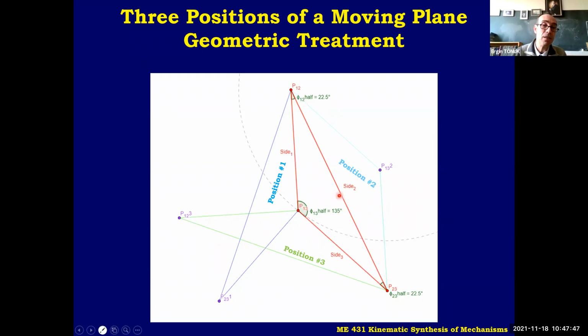Okay, so this red one is the pole triangle, and we have 3 image pole triangles corresponding to each position, and the pole that has no subscript at that position, for example, for this 3, is image. Okay, so we have the pole triangle and 3 image pole triangles. Is this clear up to here? Any questions on this?